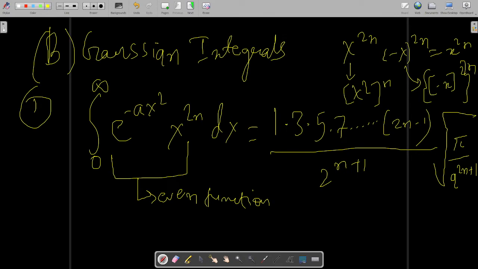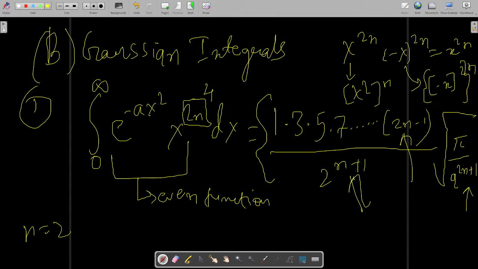So in case of an even function, your Gaussian integral expands like this. If the value of 2n is suppose 4, then n will be equal to 2. So you will put n equal to 2 over here, over here, and over here.